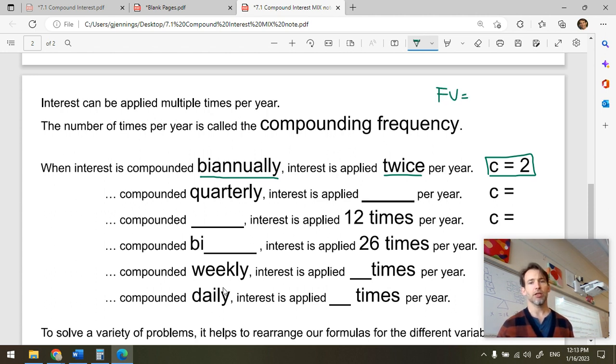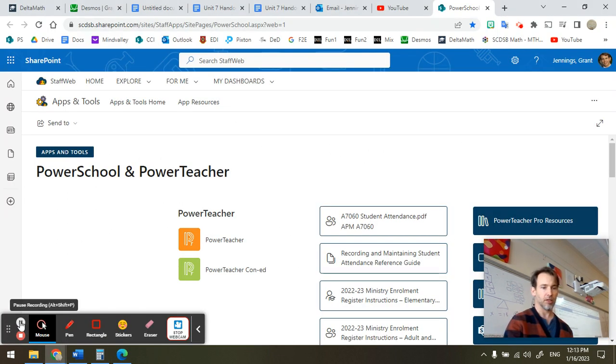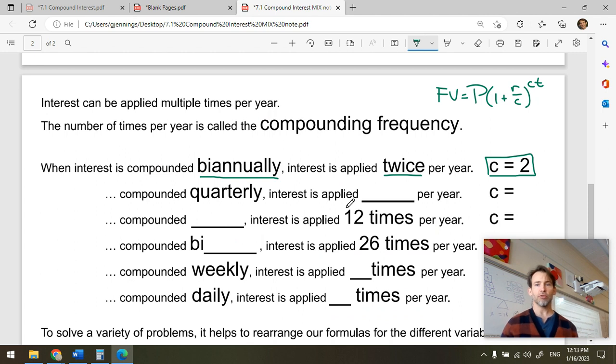Future value is equal to the principal multiplied by 1 plus R divided by C raised to the power CT. So in this formula, take a look at what C is doing. If we're applying interest twice per year, what we do is divide the interest rate by 2 and then double the amount of times we're using that exponent.